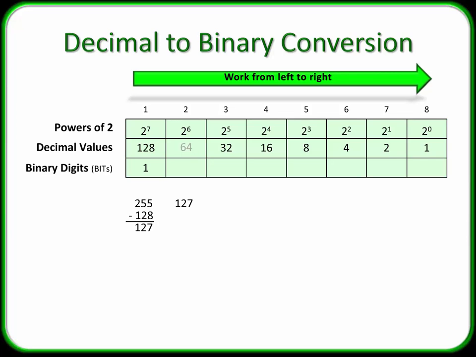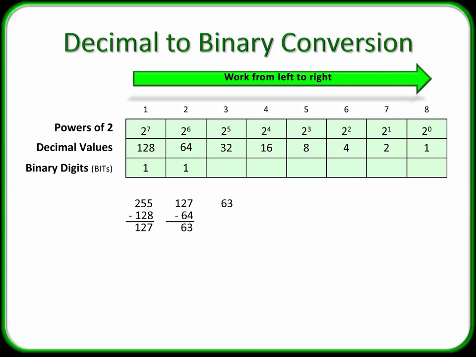Of course, that number is 64. So I place my 127 at the top. I identify 64 as the value I can subtract from it. I place a bit underneath that value in the binary digits row, and then I again perform the math, subtract 64 from 127, and I come up with a remainder of 63.